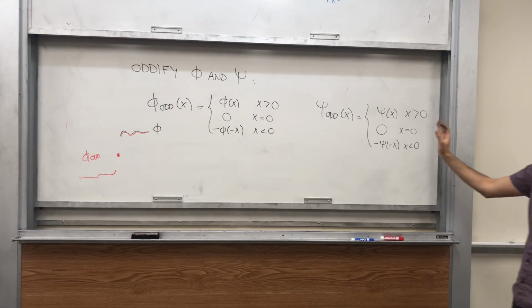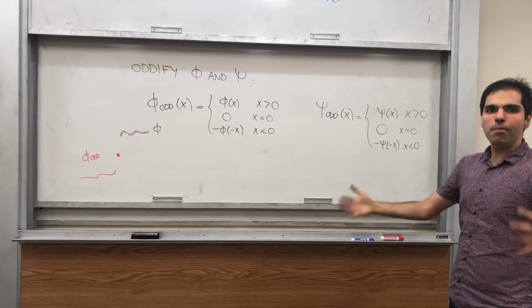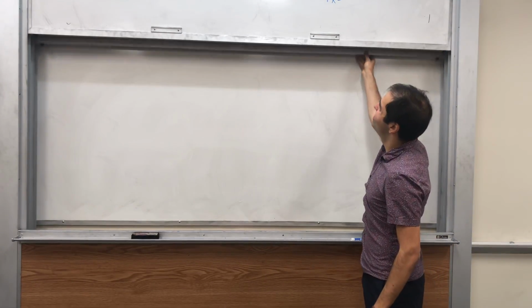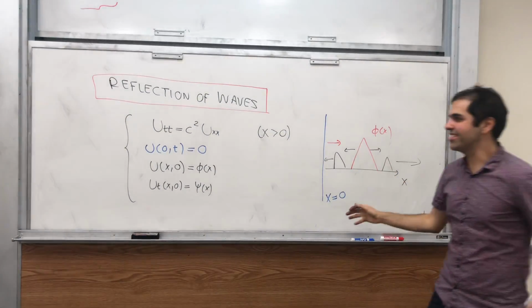What we want to do now is solve the wave equation on the whole line, but with φ_odd and ψ_odd. It's like in Super Mario where suddenly you have two bosses at the same time.